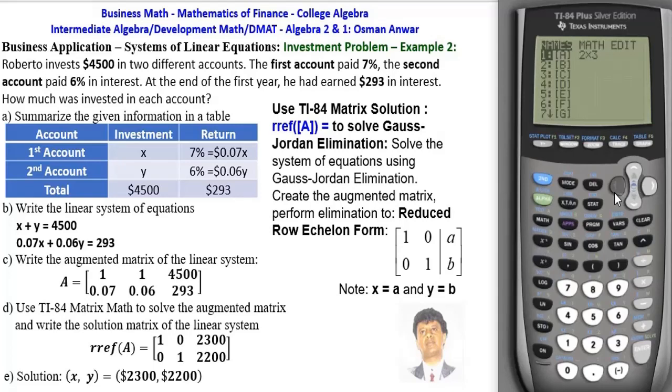Okay, so you do second matrix again. We go to edit. It is 2 by 3. Then simply put the values.